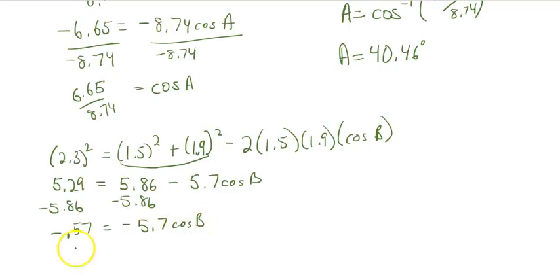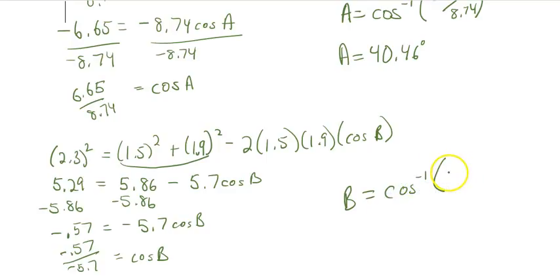And then I'm going to divide, and I have negative 0.57 divided by negative 5.7 equals the cosine of B. And again, for angle B, that will be the cosine inverse of that fraction. I have two negatives, so I'm going to make that positive. Type that in my calculator, and make sure I'm in degree mode, so 84.26 degrees.